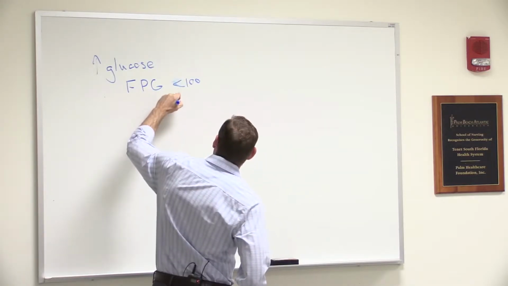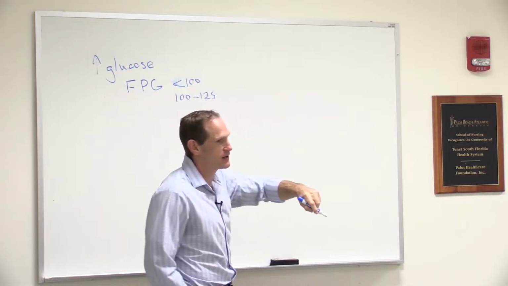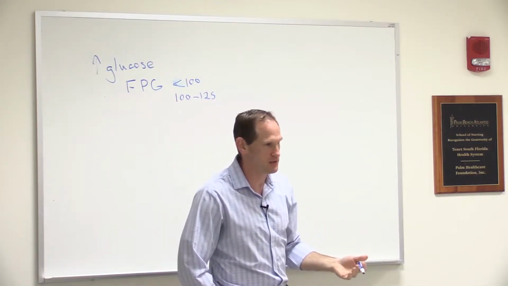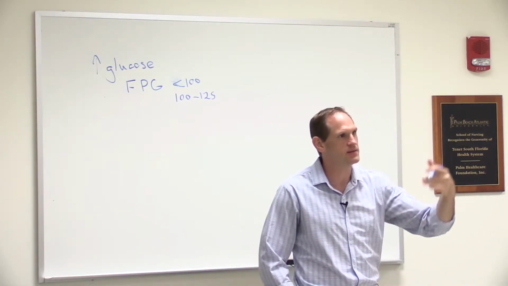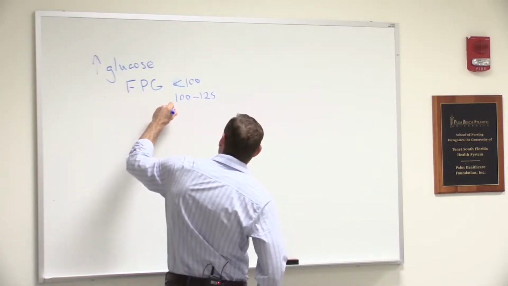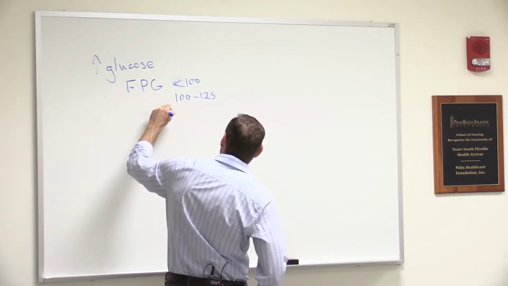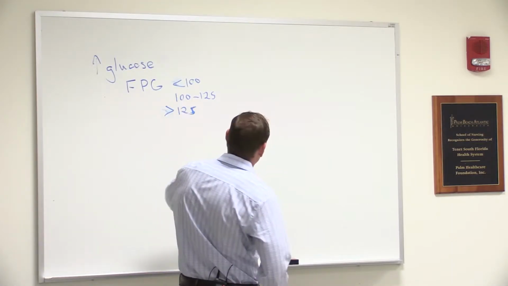If they are between 100 and 125, then they are considered to be pre-diabetes. In the old days, we called this impaired glucose tolerance. Now we call it pre-diabetes. And if they are above 125, so 126 and above, then your patient is considered to be diabetic.